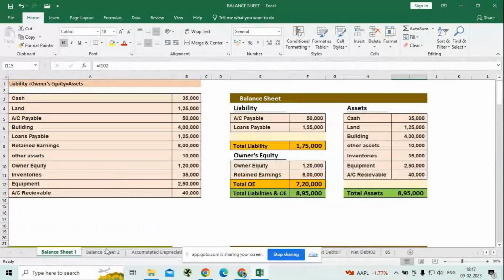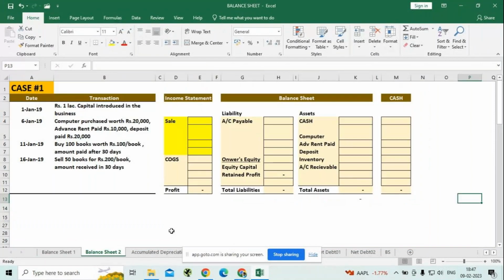So let us try the balance sheet with income statement values. Let us take a simple one. The first transaction talks about rupees 1 lakh capital introduced in the business.